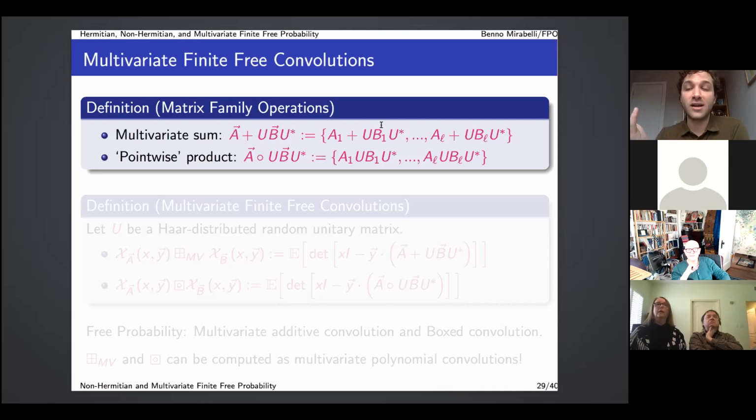And I could also define a unitarily invariant multivariate pointwise product, where I do that same uniformly distributed unitary transformation on the family of matrices B and take the pointwise product with the family of matrices A.